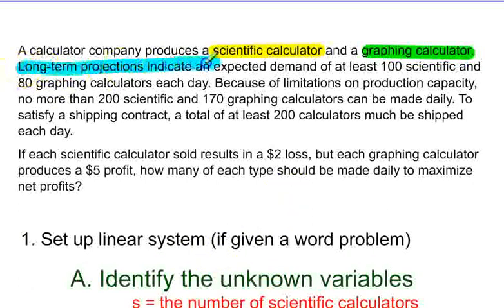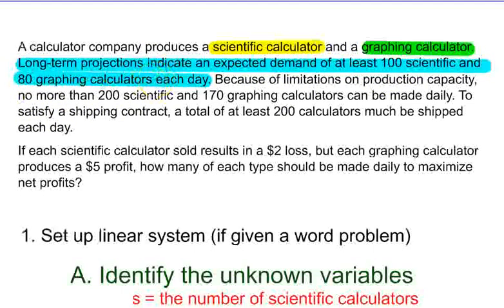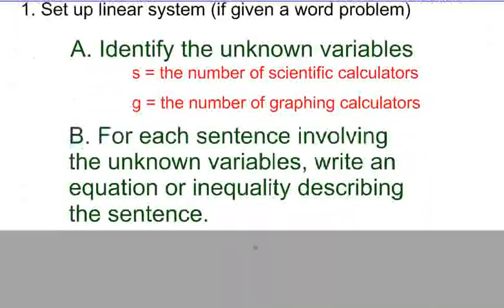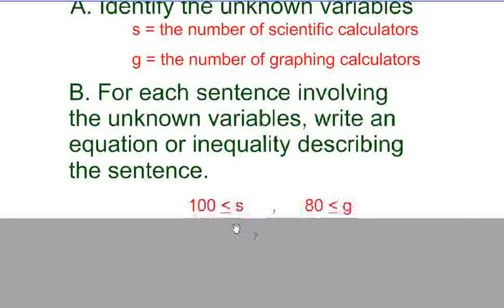It says long-term projections indicate an expected demand of at least 100 scientific and 80 graphing calculators each day, which means that S has to be at least 100 and G has to be at least 80 for the daily production. To do that, we use inequalities: S has to be at least 100 and G has to be at least 80.